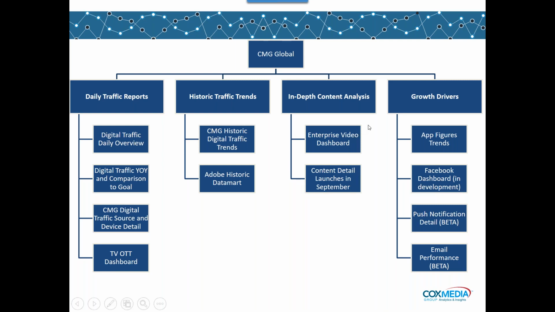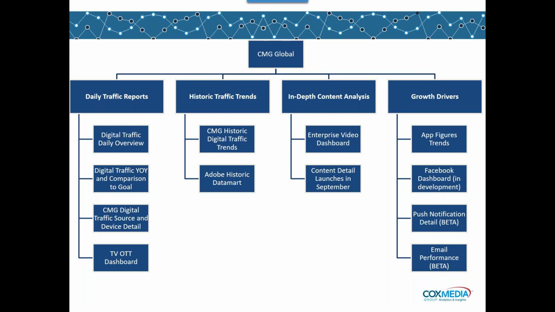We also have a growing area of in-depth content analysis. These are currently either new or just being launched. The Enterprise Video Dashboard looks at video content viewership and production across all CMG properties, including breakouts between live and video on demand content.